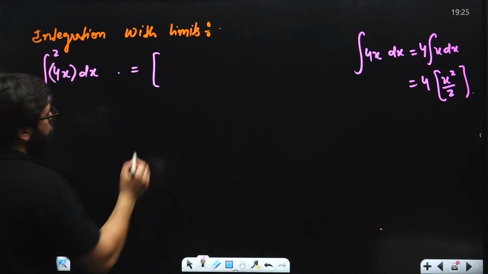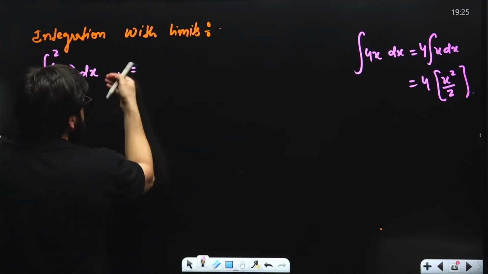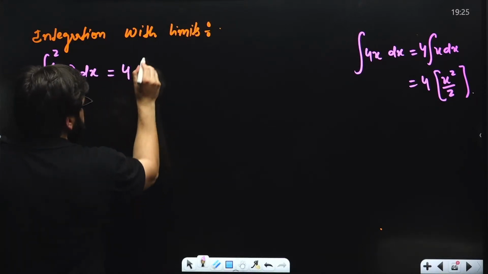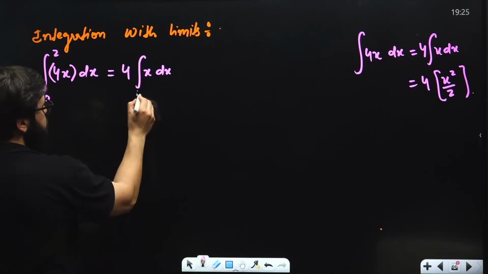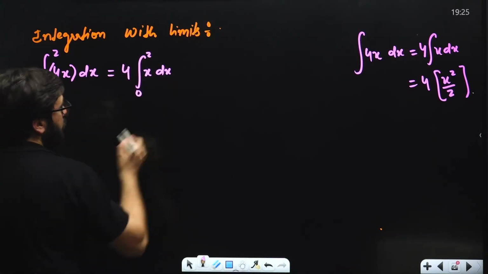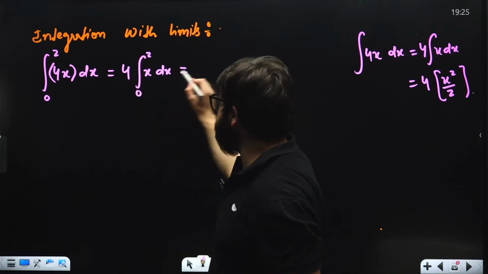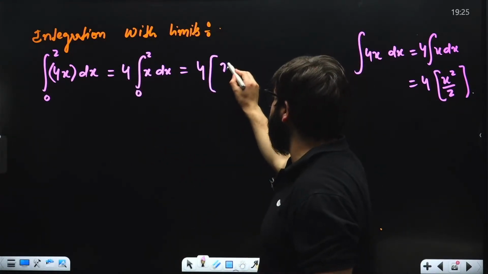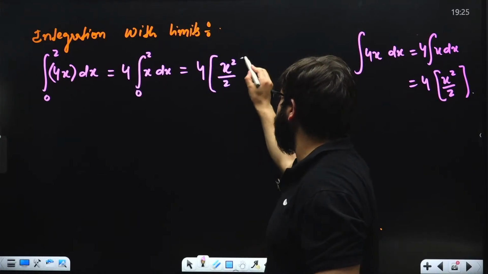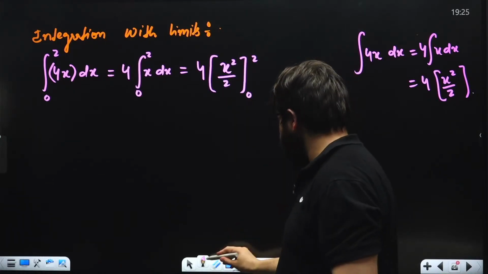So take this 4 out, integration of x dx from 0 to 2, and it will be 4 times x square divided by 2 from 0 to 2.